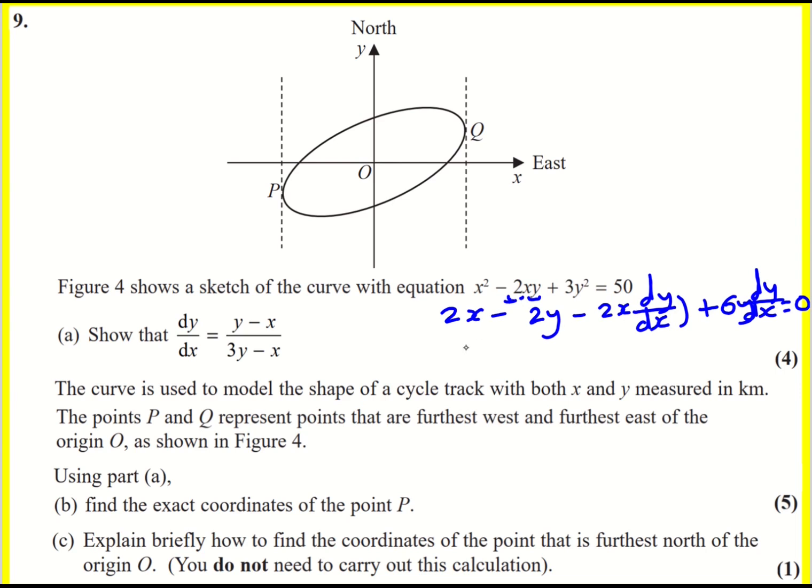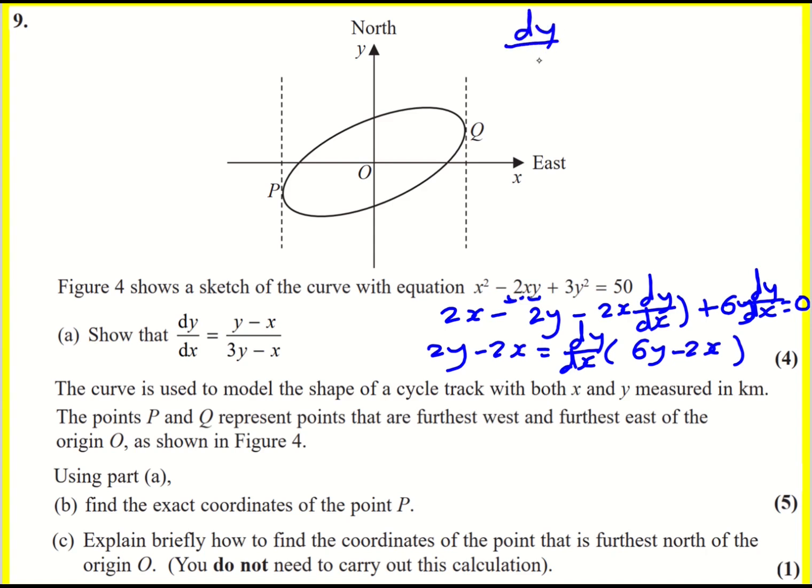Right, now I will add 2y and minus 2x from both sides, giving me 2y minus 2x is going to equal, then I'll factorize the dy by dx out, the left-hand side, dy by dx, 6y minus 2x. I could have divided through by a common factor of 2. We're going to have to do that at some point. I haven't done it yet.